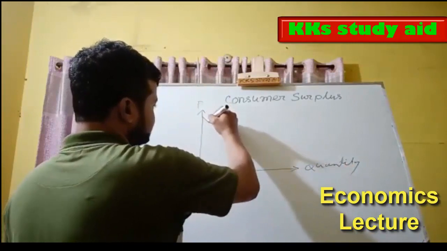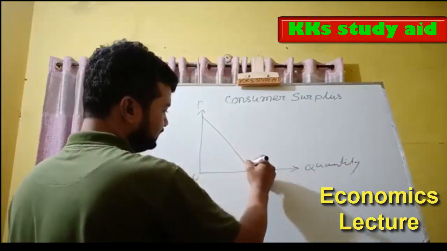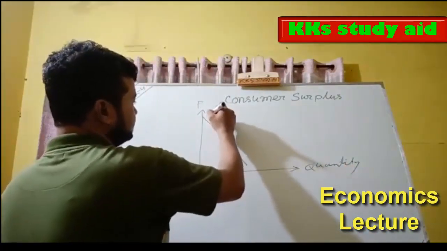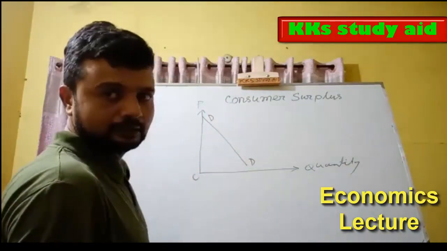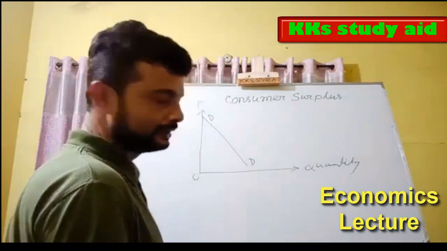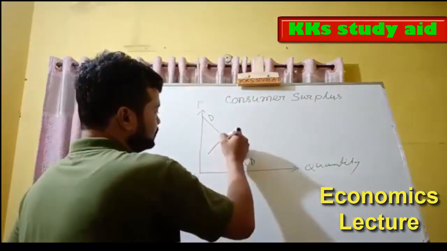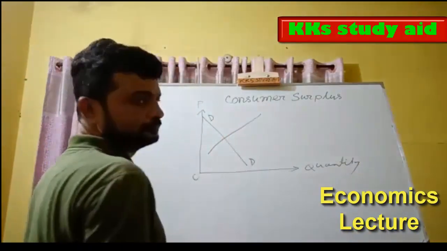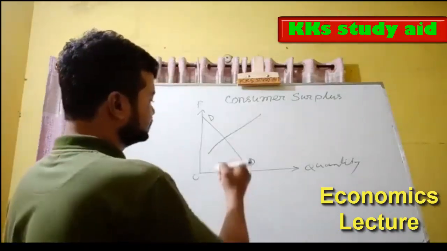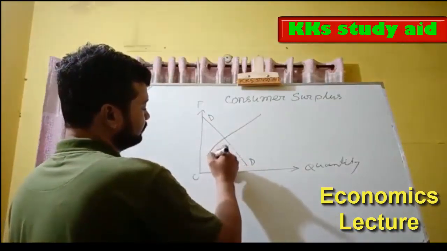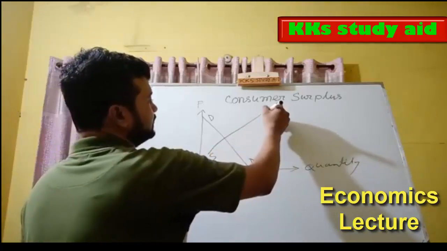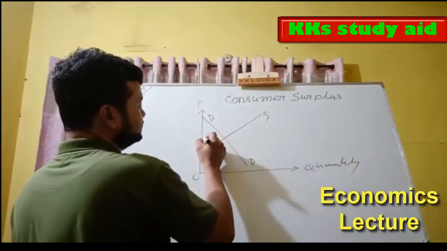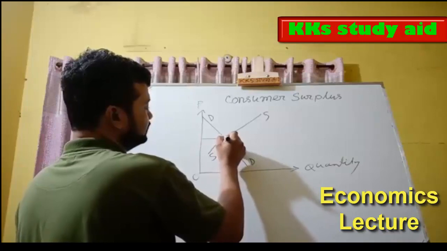We can find a demand curve like this. This will be called DD, and there will be a supply curve which slopes upward. We can call it SS, and there is an intersection point.